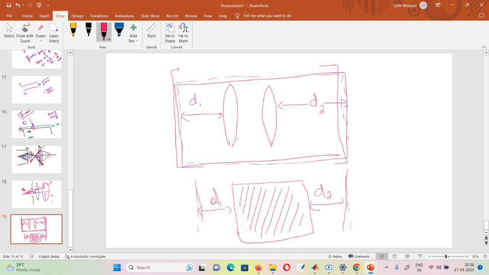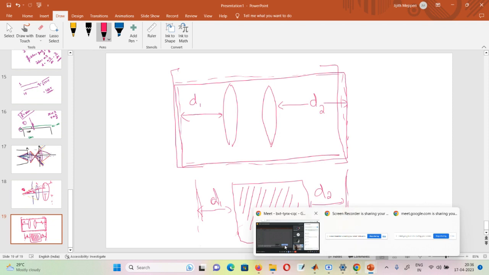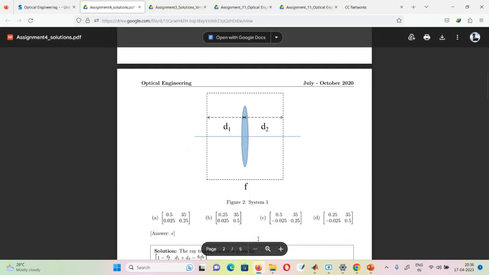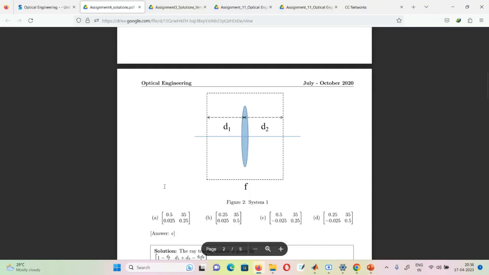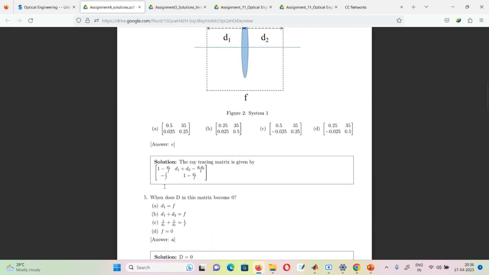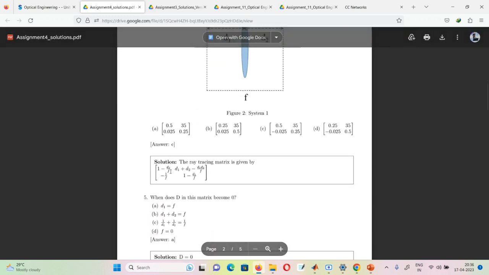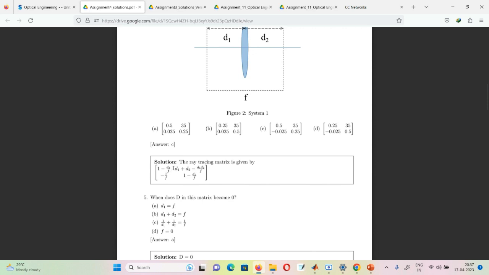If you solve the system, you are going to get a particular matrix for that whole system. See, 1, d2 by f. This f is actually, this is a simple system containing a lens. Similarly here you define your d2, f, minus 1 by f, like d1 plus d2 minus d1 by d2 by f, like that.